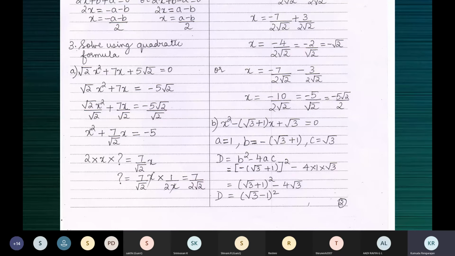So root 3 the whole square plus 1 the whole square minus 2 root 3, which should be written as 2 into root 3 into 1, that is 2 into A into B. So D is root 3 the whole square plus 1 the whole square minus 2 into root 3 into 1, which is of the form A square plus B square minus 2AB, which is A minus B the whole square, and that is root 3 minus 1 the whole square.